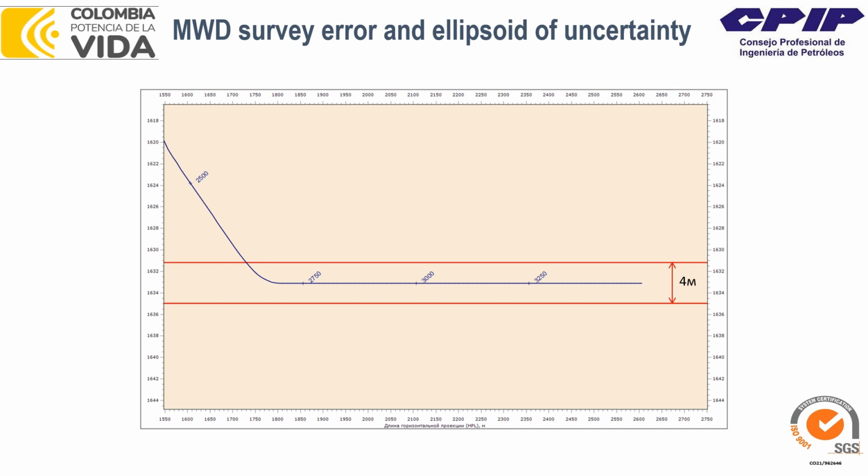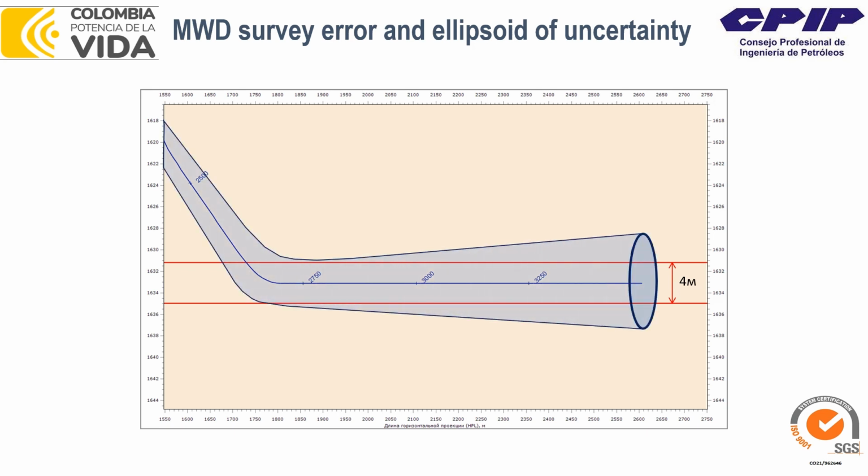If you calculate the actual size of the cone of uncertainty, sometimes it will be a few times bigger than your target. For example, for this well, which is almost 3,500 meters deep, if we calculate the cone of uncertainty at the TD, it will be almost 2 times bigger than the size of the target.